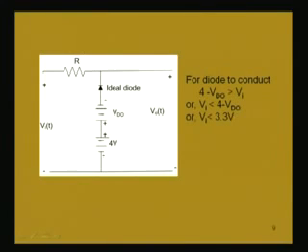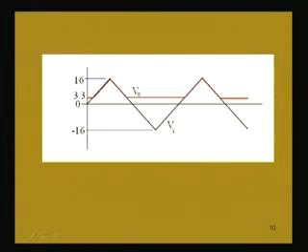This voltage is nothing but from this point 4 volt positive minus 0.7 volt means 3.3 volt. So, the output voltage will be clipped at 3.3 volt when the diode conducts. So, we get the output voltage as a constant voltage for the conducting part.